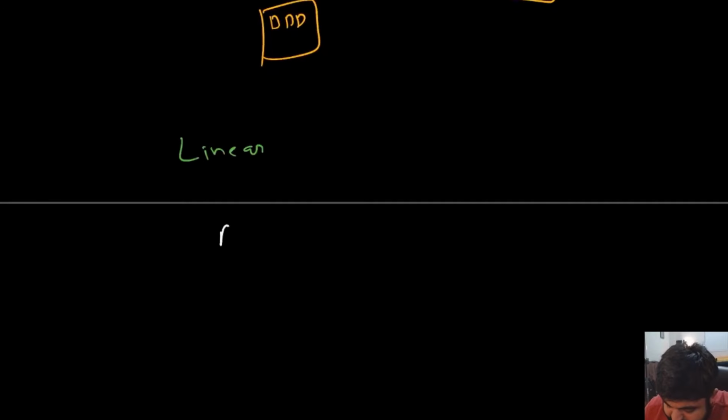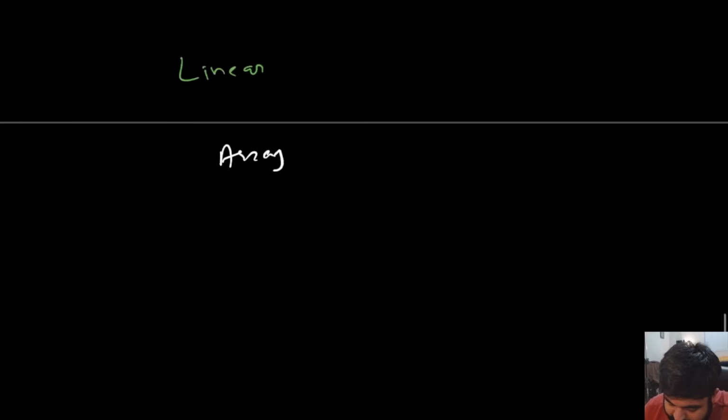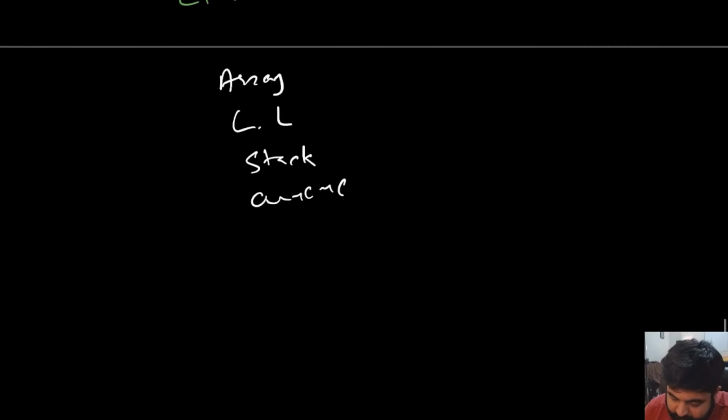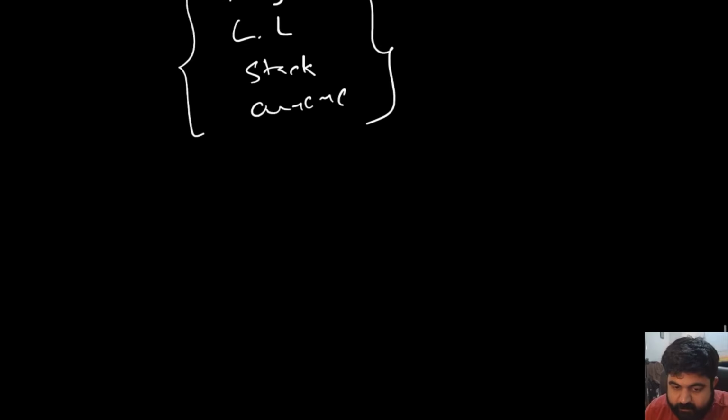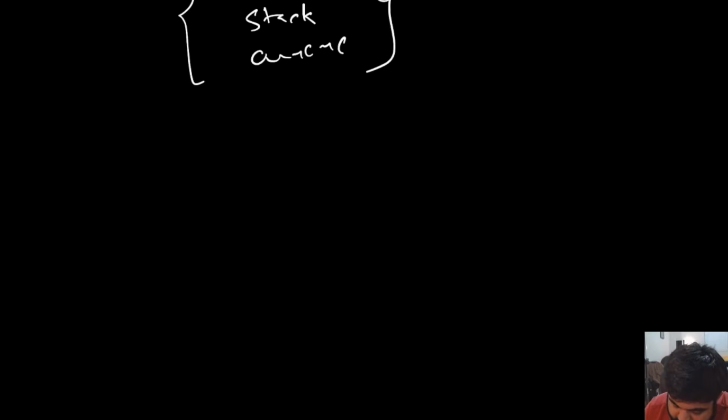This represents arrays, linked lists, stacks, queues, and there are a bunch of different sub portions, but these are the main linear data structures that we need to worry about.